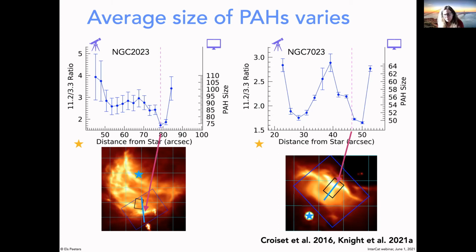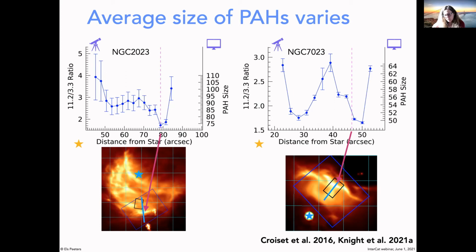On the right-hand side for 7023, we have this peak in the middle at about 38 arc seconds from the star. But if you look at the image below it, you can see we have this circle below the brightest region, which is the PDR front. The origin of the circle is not known as far as I am aware.